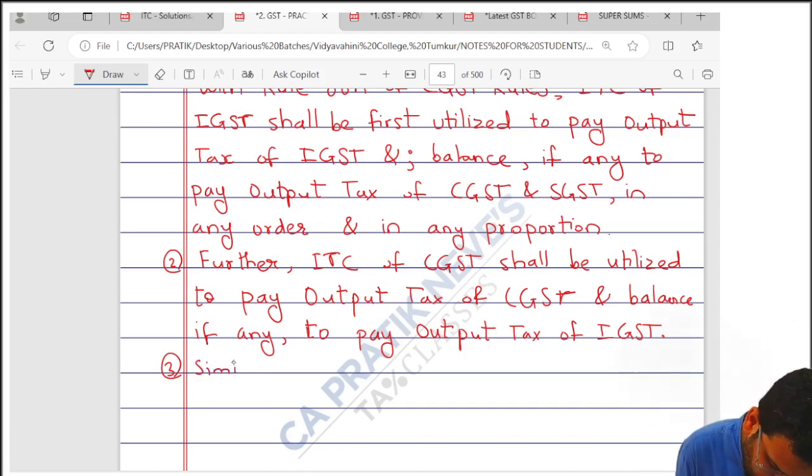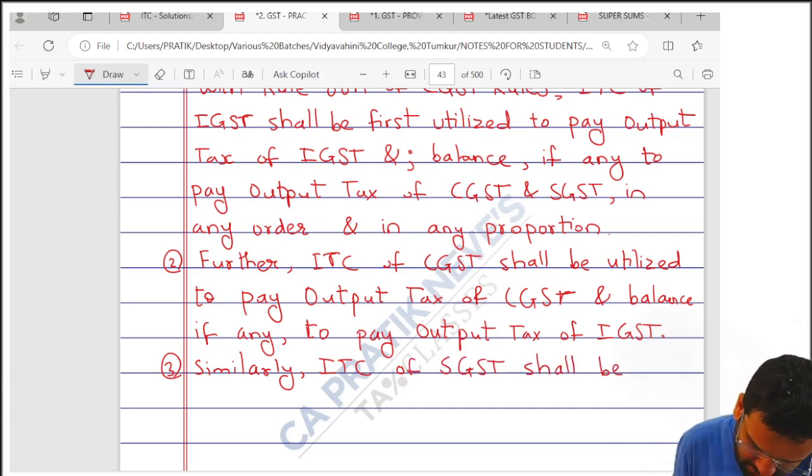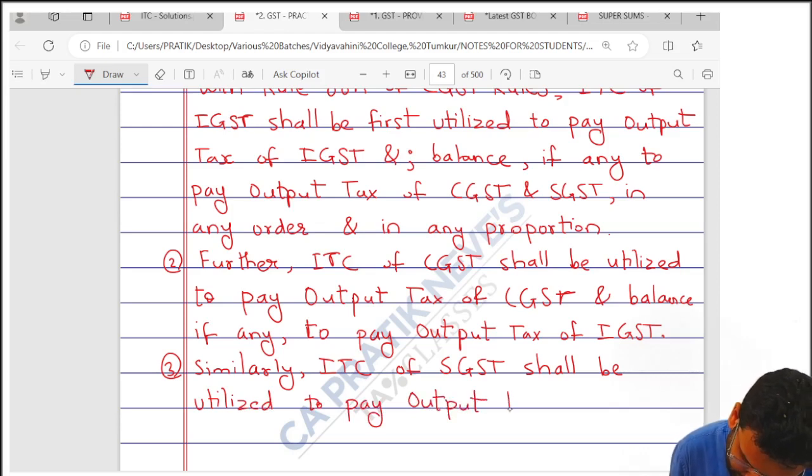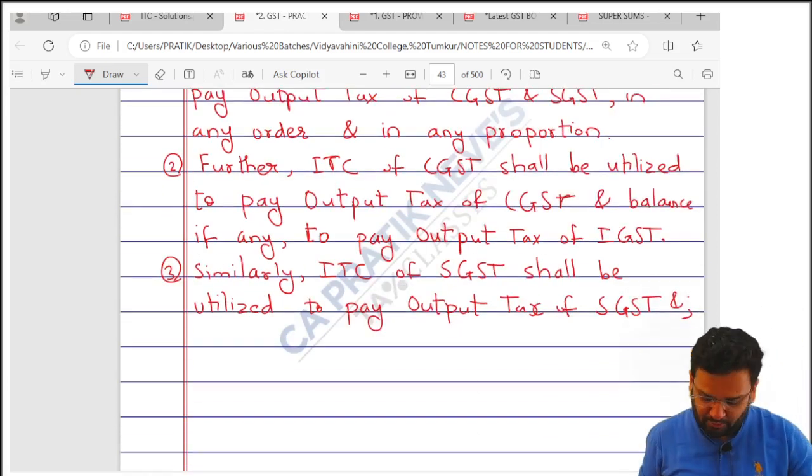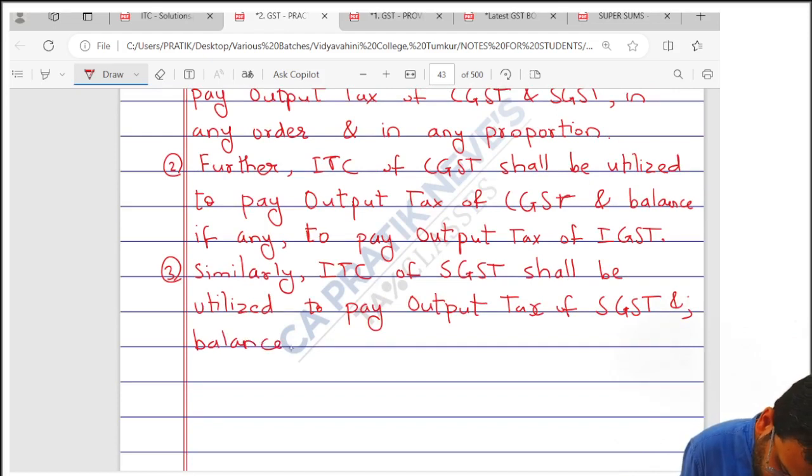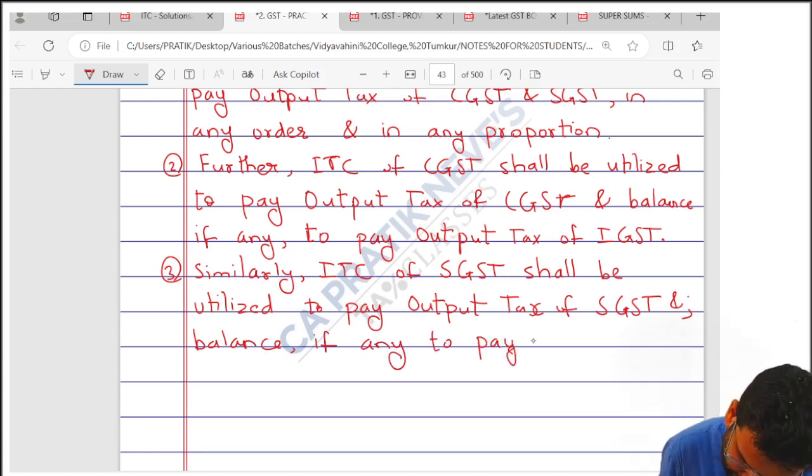Similarly, ITC of SGST shall be utilized to pay output tax of SGST, and balance if any to pay output tax of IGST.